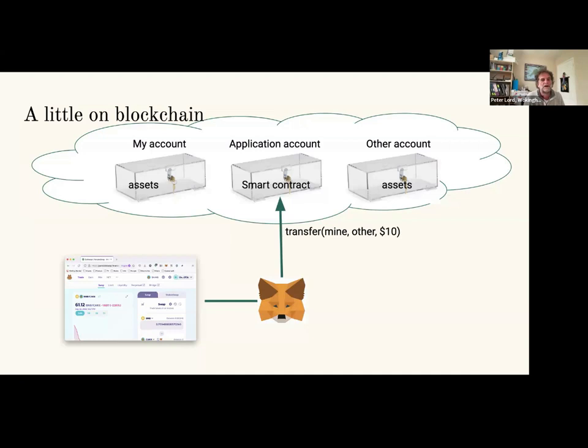Then that smart contract will actually execute on the blockchain in a transactional way. It will draw some money, since you've unlocked it, so the smart contract now has access to your assets. It will draw and deposit that same amount in some other account.